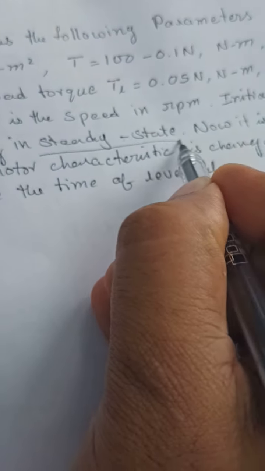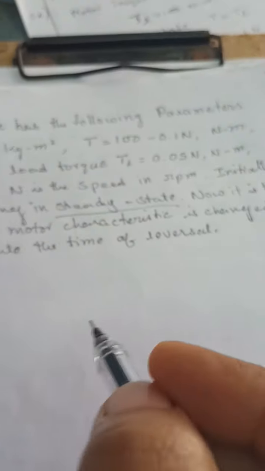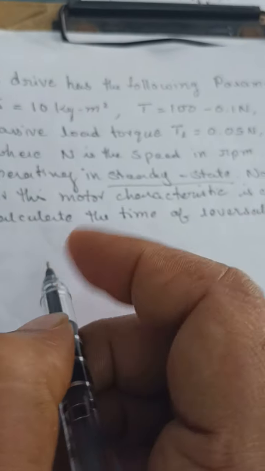For this problem, the same condition we have to consider, that is steady state. This is the most important point you have to remember, that in almost all problems this steady state condition is considered. So these problems are very easy. Let us solve this problem.